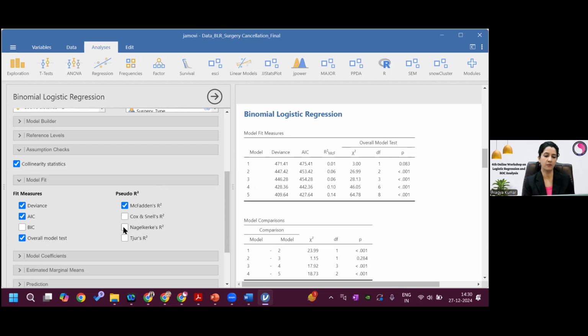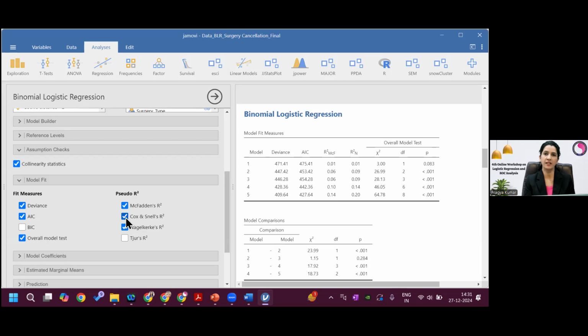At most, you can see the difference between these R squares. Yesterday we saw that if you click the Nagelkerke, it shows 20% improvement from the base model, whereas here it is 14. So McFadden is more conservative, and the other values are more inflated, the Nagelkerke or Cox and Snell. If McFadden shows that it is significant, then Cox and Snell and Nagelkerke will definitely be significant.